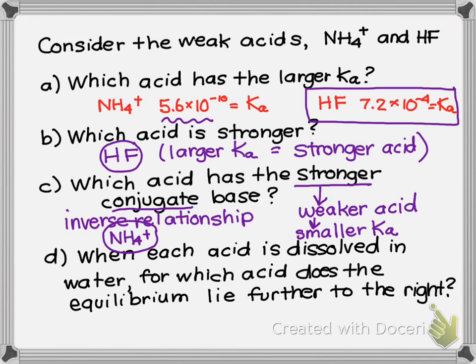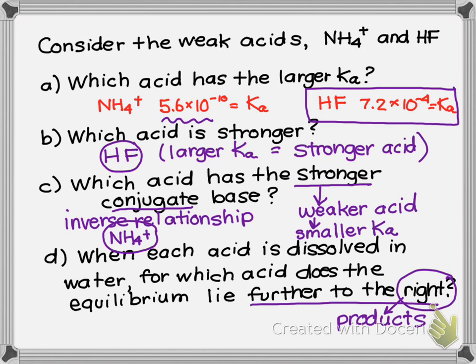Then letter D said, when each acid is dissolved in water, for which acid does the equilibrium lie further to the right? I see this further to the right, and I'm thinking, the right side of a chemical reaction is the products. The left side is the reactant, the right side is the products. So this question is saying, which one makes the most products?